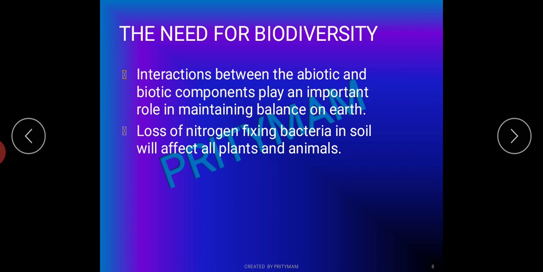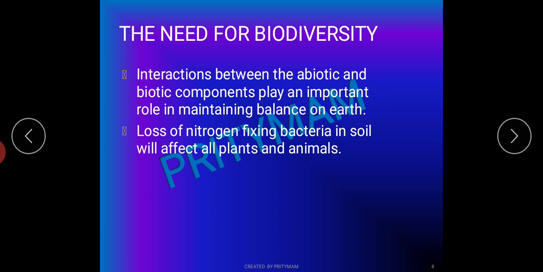So what is the need of biodiversity? Every living thing is linked to other organisms through different food webs. The interactions between the abiotic and the biotic components play an important role in maintaining the balance of the earth.